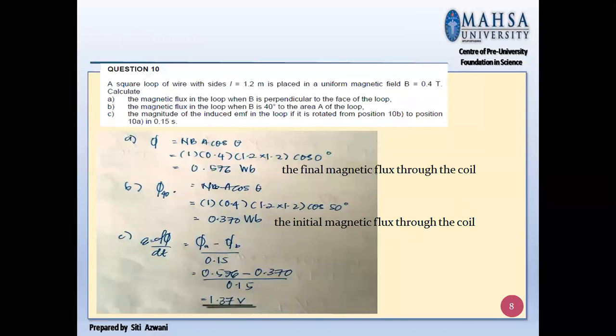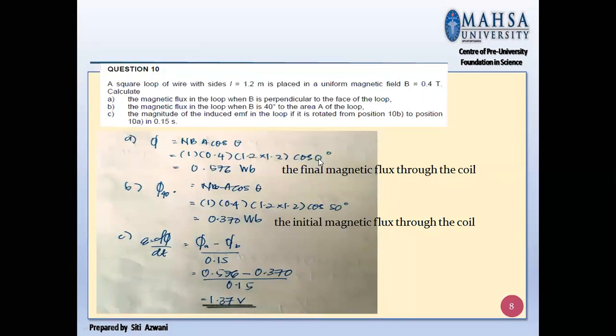B perpendicular to the plane of the loop means B and N are parallel to each other. When the direction of the normal of your plane and B are parallel to each other, your angle between N and B is equal to 0. So you need to substitute into your formula NBA cos angle, with angle equal to 0.